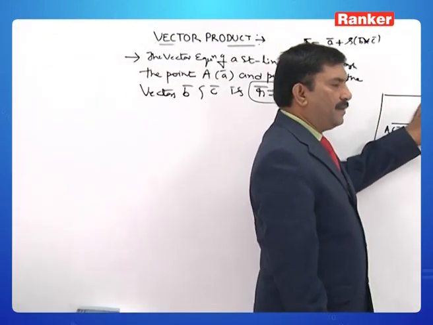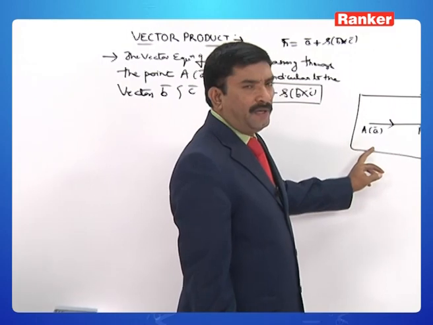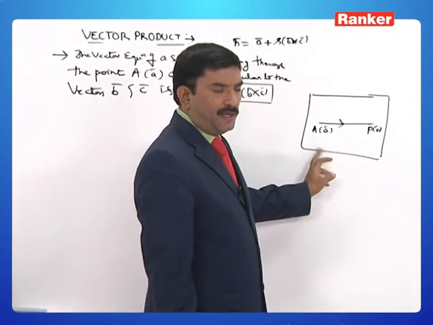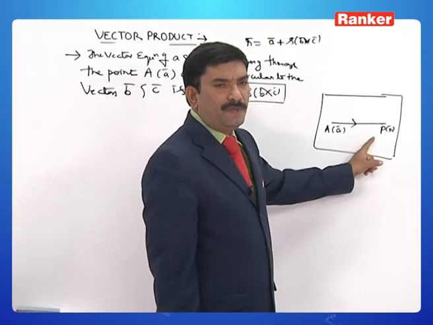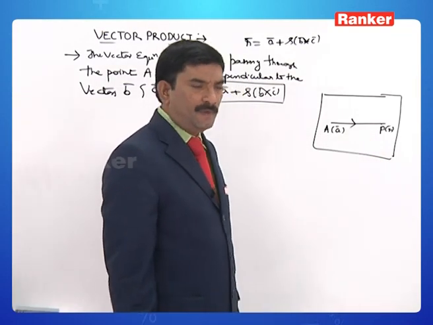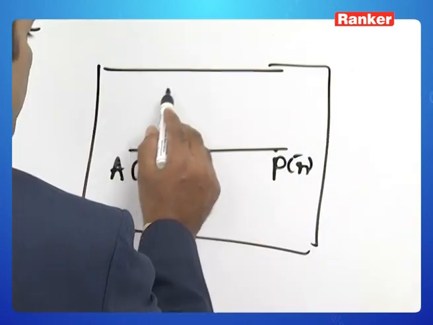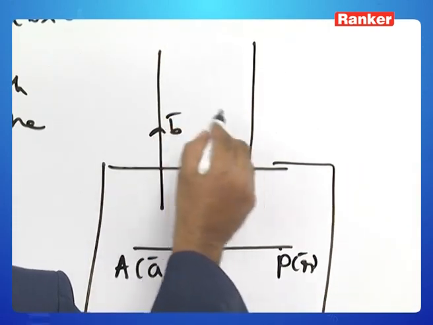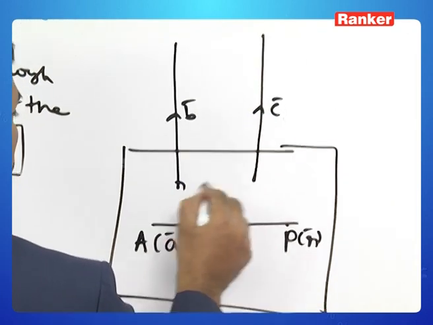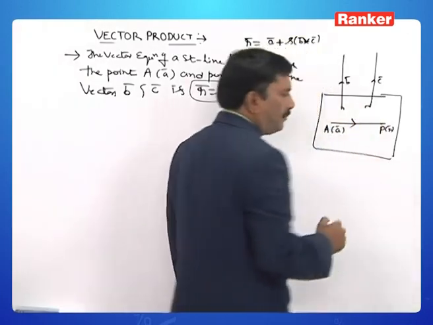This is the plane passing through the point A of A bar. When one point is given, you are supposed to take the general point as P of R bar. And this is the vector. B bar and C bar are perpendicular to the plane.